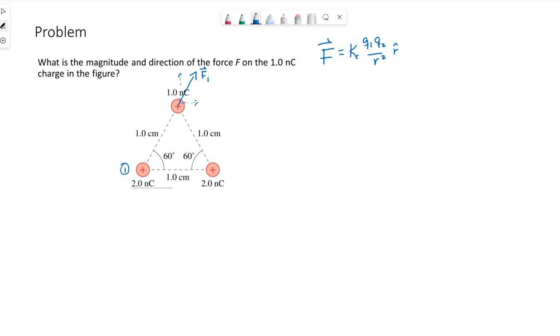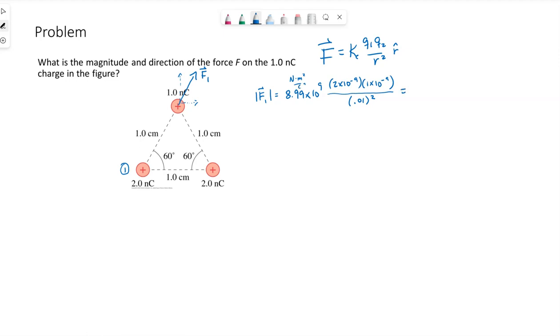So the magnitude of the force, let's go ahead and calculate that. K, we know, is our constant. The two charges involved are the 2 nano and the 1 nanocoulombs. The distance between the two is the 1 centimeters, which we do want in meters. So again, the charge needs to be in coulombs, the distance in meters, because the units on K are Newton meters squared per coulomb squared.